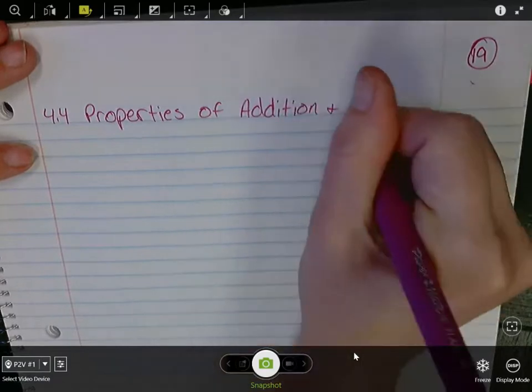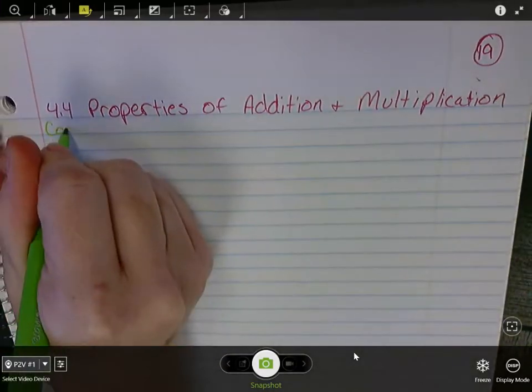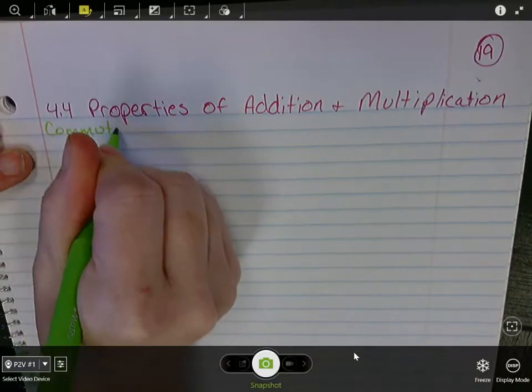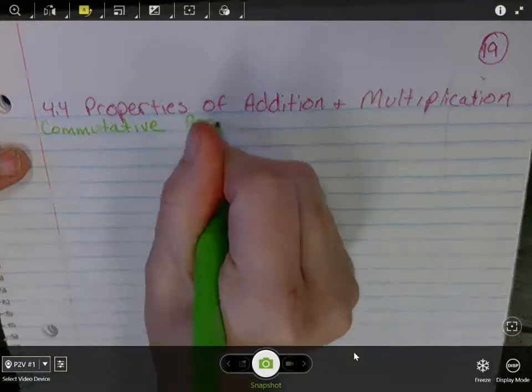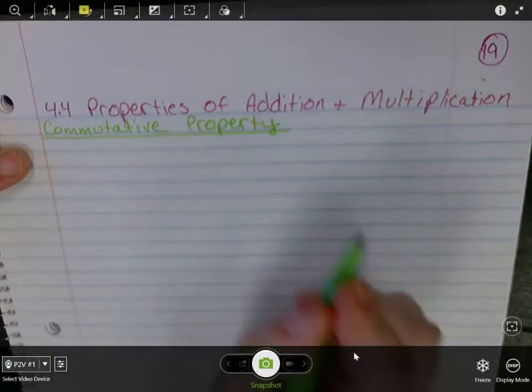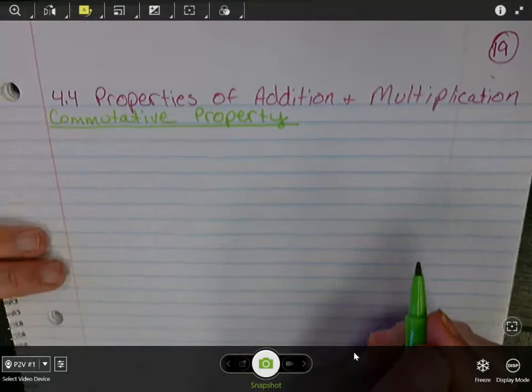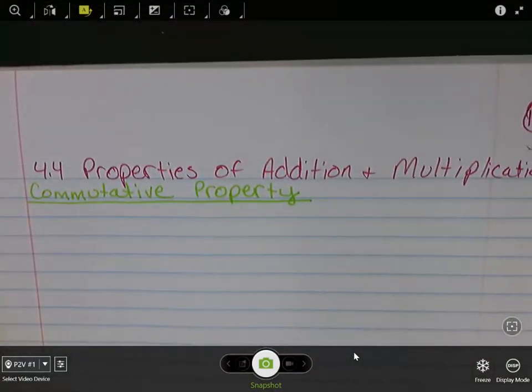Okay, the one property we just finished talking about is known as the commutative property. The commutative property, only for addition and multiplication.